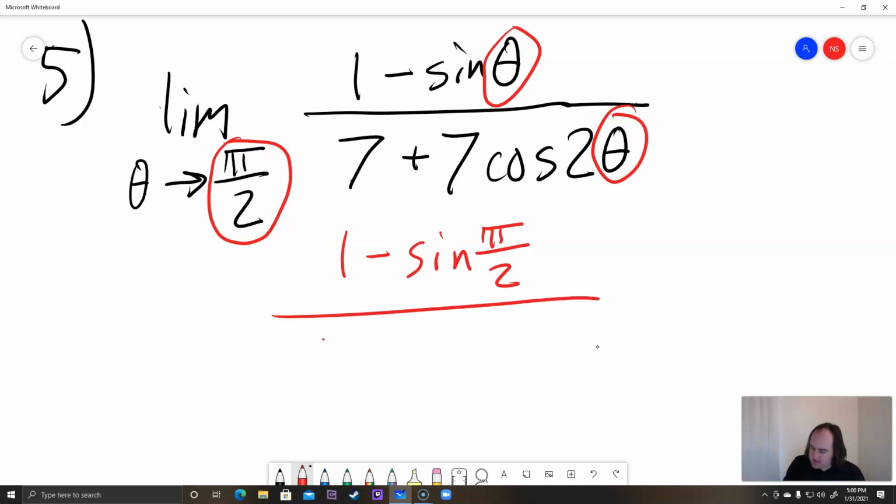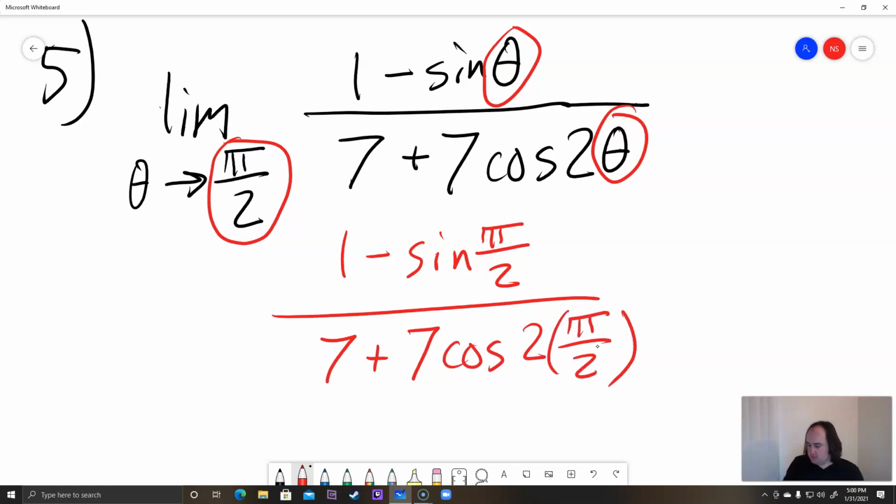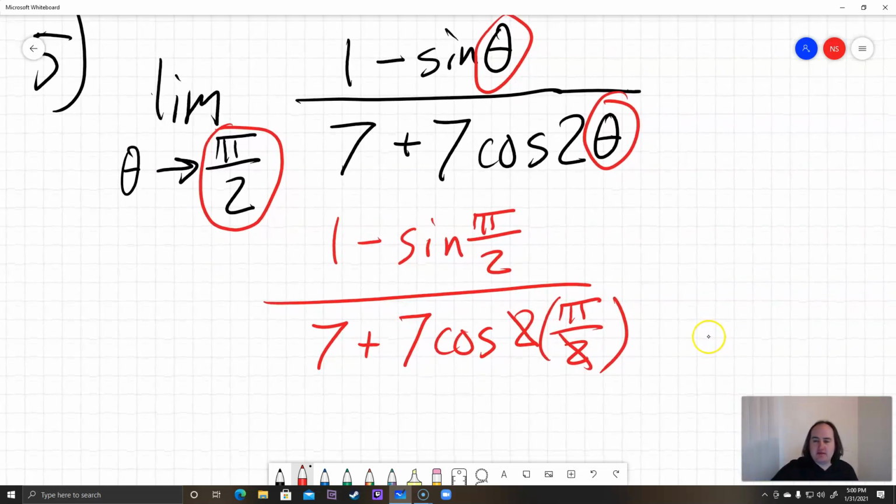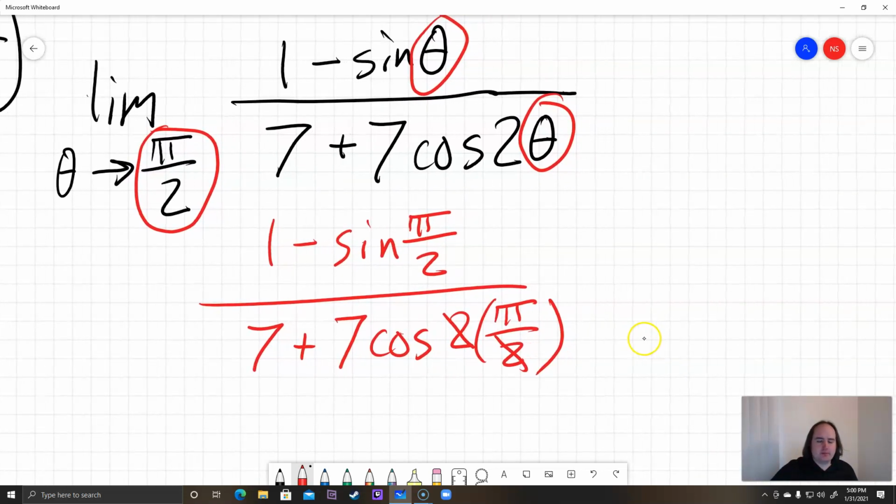all over 7 plus 7 cosine of 2 times pi over 2. Okay, so that's interesting. On the bottom, the 2's are going to cancel inside of the cosine, so we're actually going to have cosine of pi on the bottom.